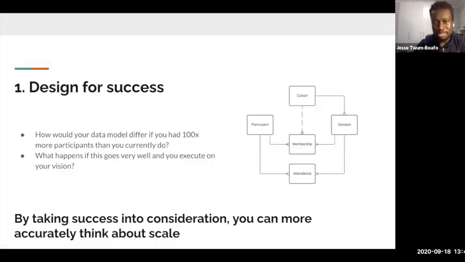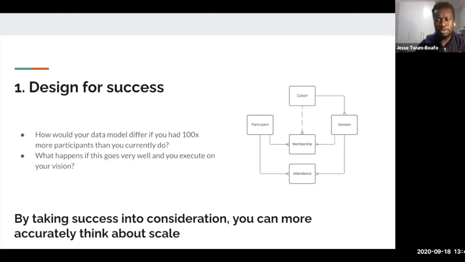Tip number 1. Design for success. What I've tried to do throughout all these tips is for us to use a particular data model. It'll just help us to understand what we need to go through. But the first tip is design for success.